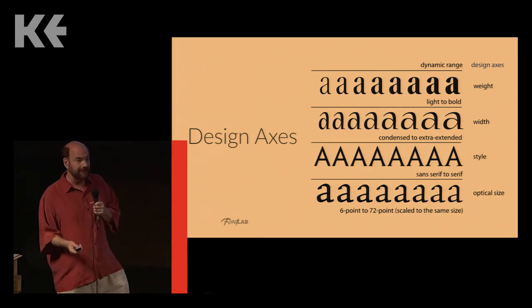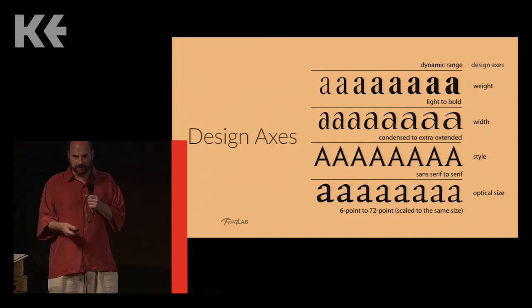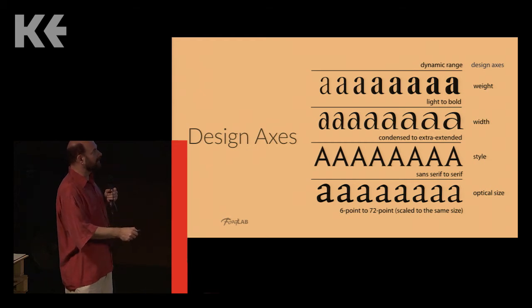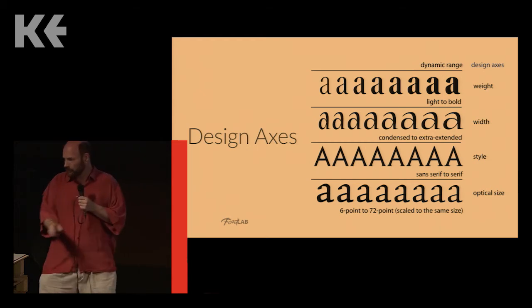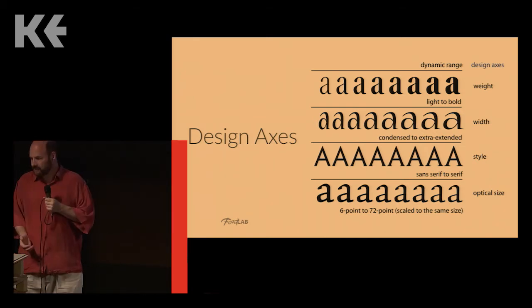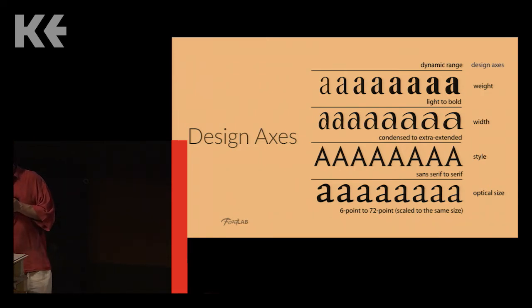You could have predefined instances that you could name like bold and regular, but you could also get anything in between. Each one of these areas of variation is called an axis. Weight could be an axis, width, style, go from sans to serif, optical size, we'll hear more about that later. Weight and width are the most common axes, but in principle, you can do almost anything, within the limitations of linear interpolation.